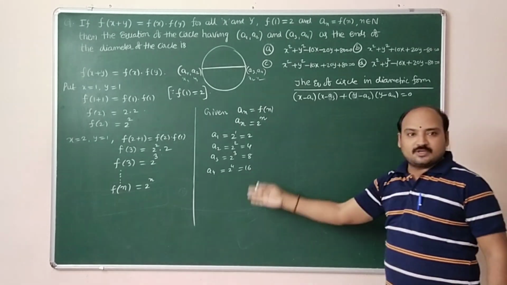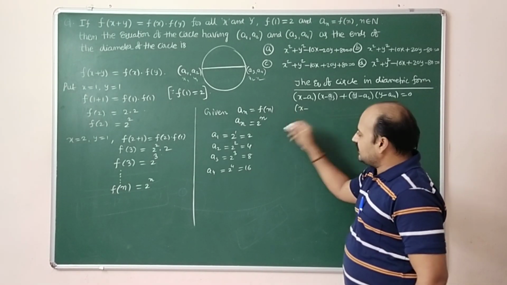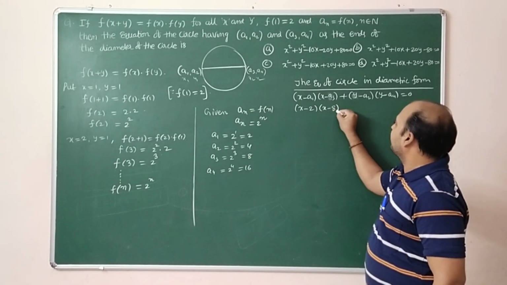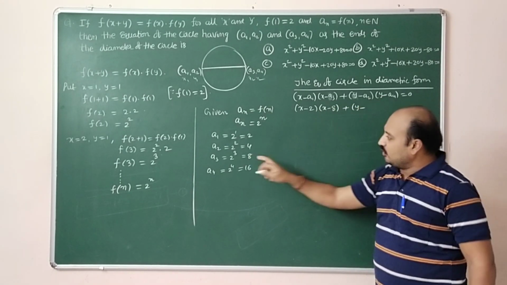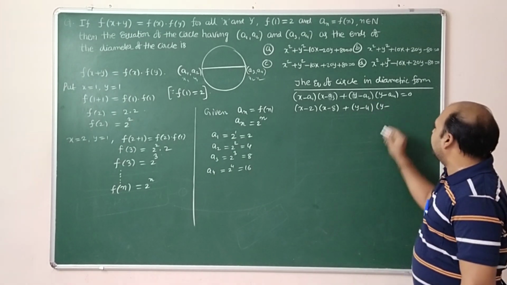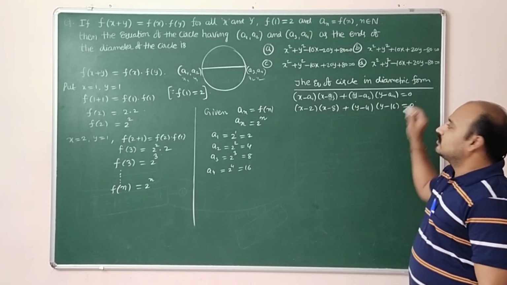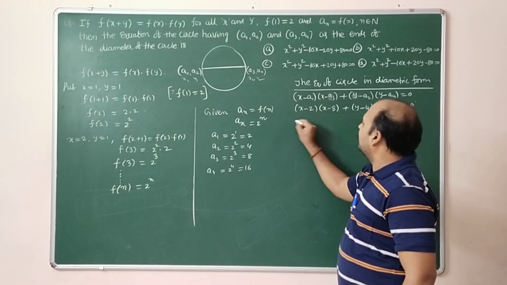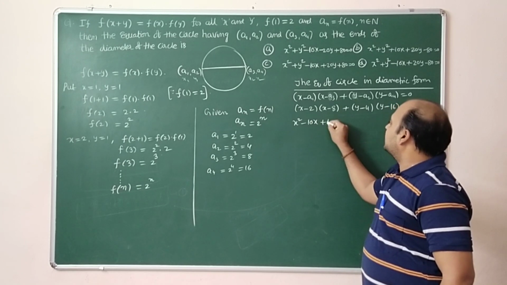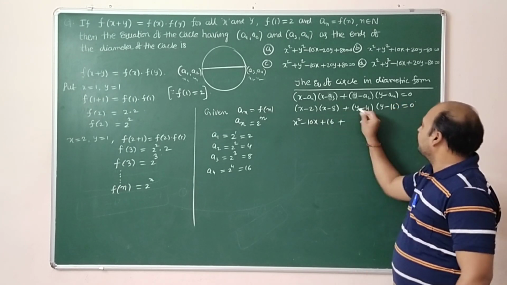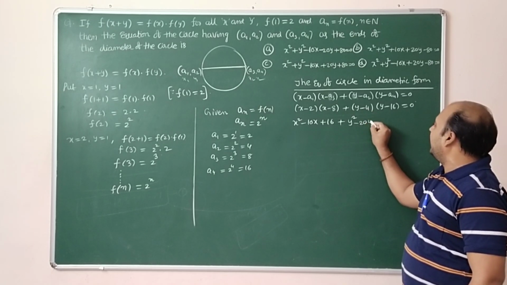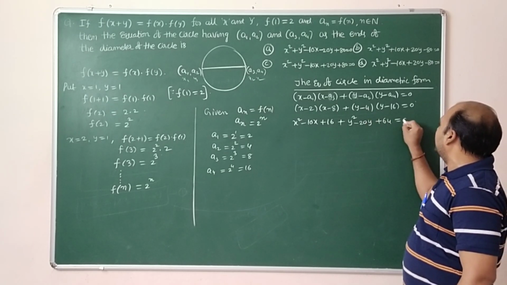So substitute the respective values there. x minus a1 value is 2 into x minus a3 value is 8, plus y minus a2 value is 4 into y minus a4 value is 16. So the quadratic expression: x square minus 8x minus 2x, minus 10x plus 16, plus y square minus 16y minus 4y, minus 20y plus 64 equal to 0.